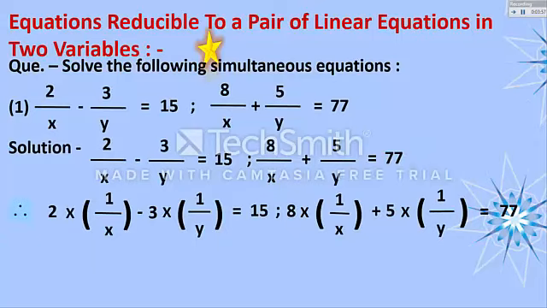In both equations, which are the common terms? The first common term is 1 upon x, and another common term is 1 upon y. These two terms are common, so we substitute variables for the common terms.